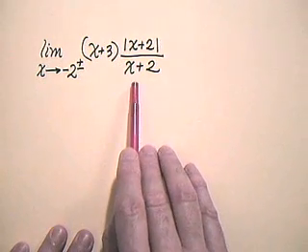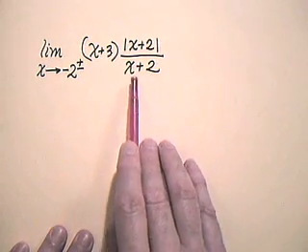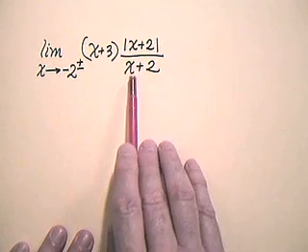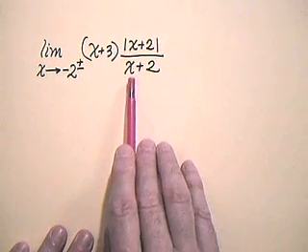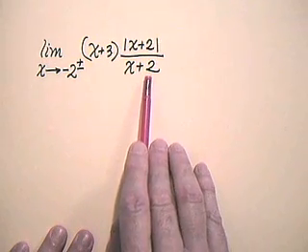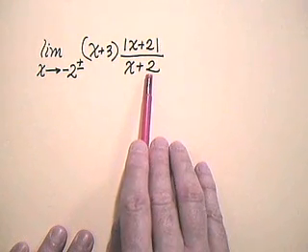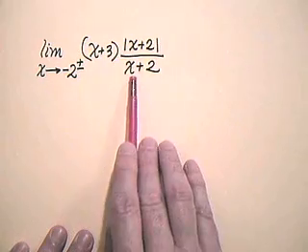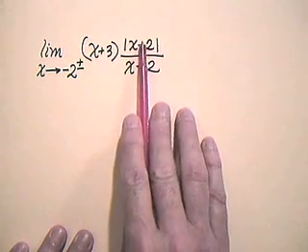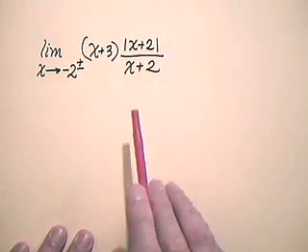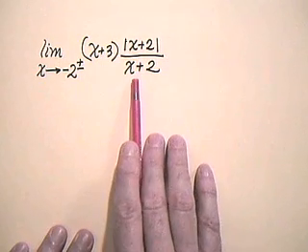Let's look what happens to the right of negative 2. If x is bigger than negative 2, then x plus 2 will be positive. That is, if I take a number that's bigger than negative 2 and add 2 to it, I'll get a positive number, and so positive over positive is positive, and so now we're getting plus 1.